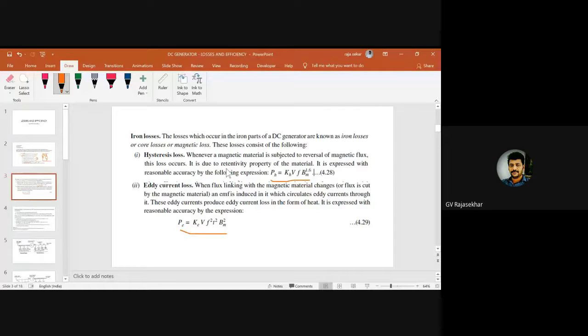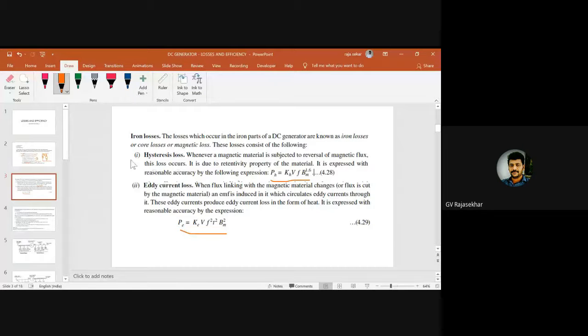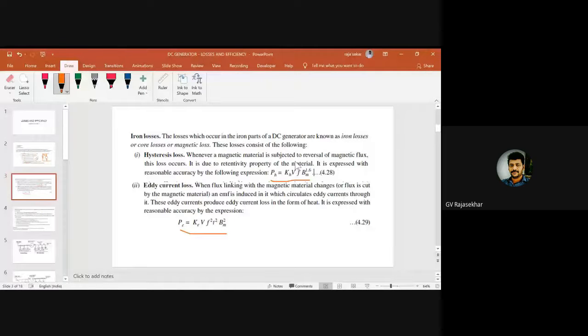The same explanation of hysteresis loss and eddy current loss that we gave for the transformer holds for the DC machine also. Iron losses in a DC machine account for the loss in the magnetic core. The choice of magnetic core decides the hysteresis loss, and the amount of lamination you provide for the core decides the eddy current loss.